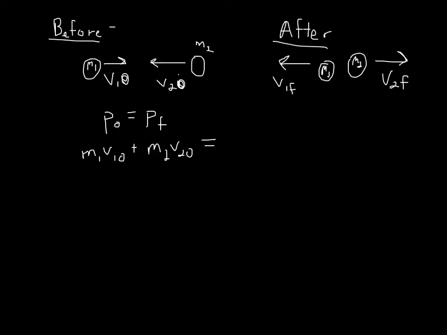And that's going to be equal to the final momentum, which is the mass of the first ball times the final velocity of the first ball plus the mass of the second ball times the final velocity of the second ball. So this is my equation for conserving momentum for two masses that have collided with each other.